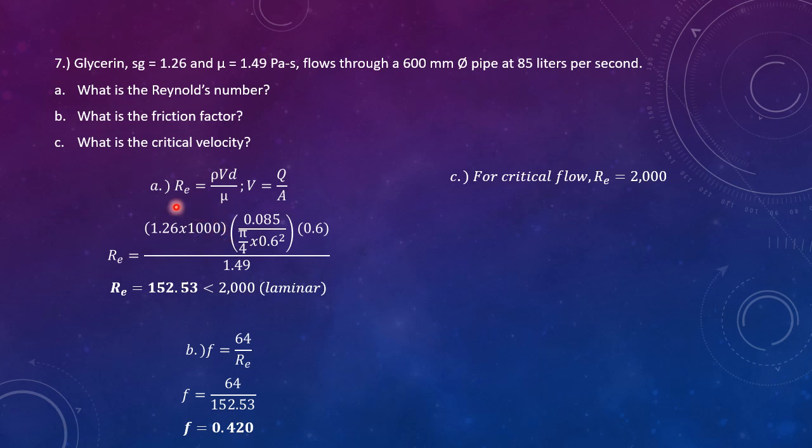Using this formula for Re, we substitute our values. Our Re is 2000, our density is 1.26 times 1000 kilograms per cubic meter. Critical velocity is unknown. Our diameter is 0.6 meter. Our mu is 1.49 pascal second. And solving for Vc, critical velocity is equal to 3.94 meters per second.